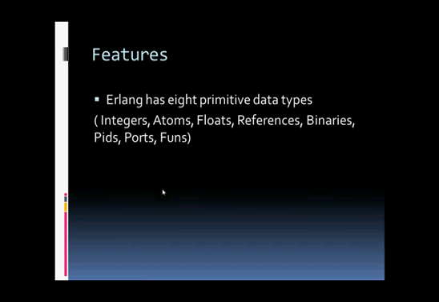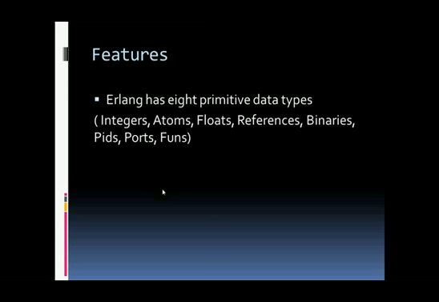Erlang has 8 primitive data types: integers, atoms, floats, references, binaries, PIDs, ports, funs. Integers. Integers are written as sequences of decimal digits.